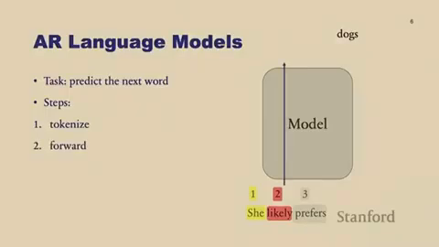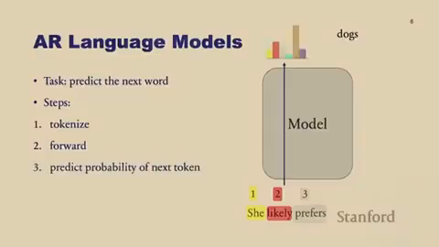Then you pass it through this black box. As I already said, we're not going to talk about the architecture. You just pass it through a model, and you then get a probability distribution over the next word or over the next token. Then you sample from this distribution, you get a new ID, and then you detokenize. That's how you basically sample from a language model.